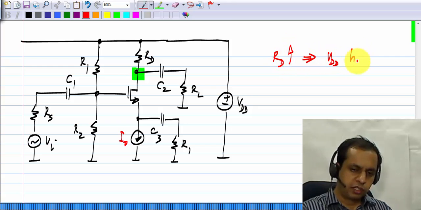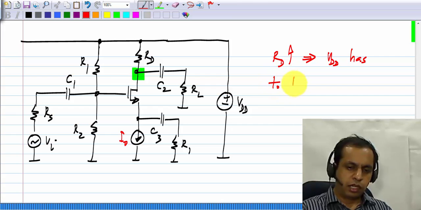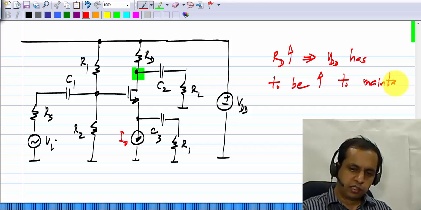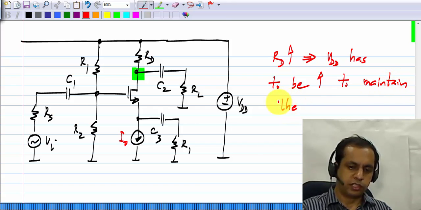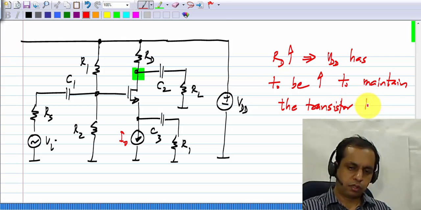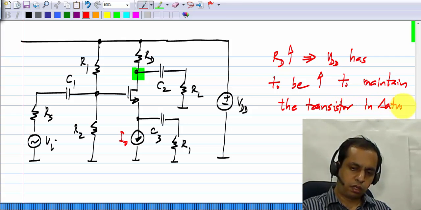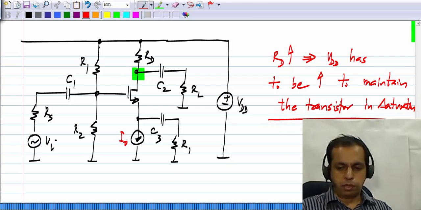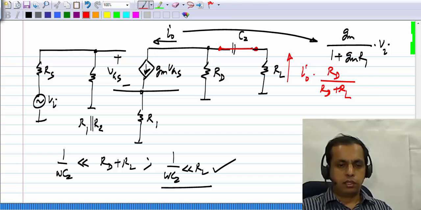So if RD is very large, VDD has to be increased to maintain the transistor in saturation region. So there is some limit to what RD you can have.